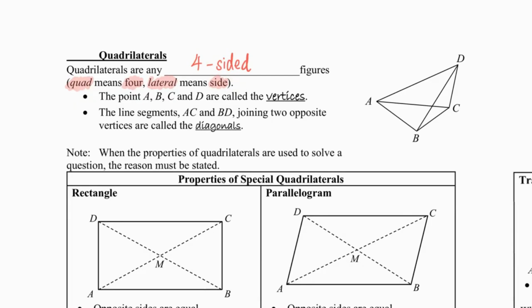Some of the terms you should take note of: what is the meaning of vertices? They're actually the points. So this A, B, C, D, this is what we call vertices.